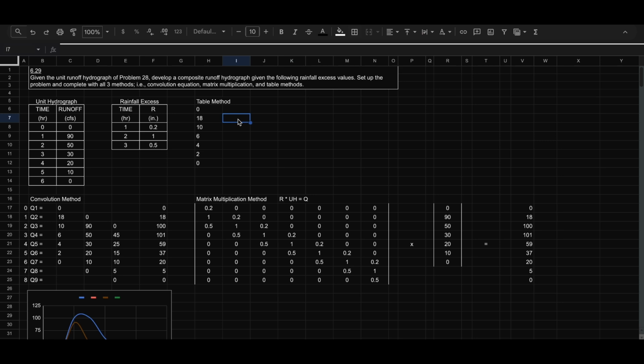And then we do the next one, which equals F4 times the first value, and drag it 7 times. Then the next one equals the last rainfall excess value times this, and drag it 7 times, and then add up these three values.